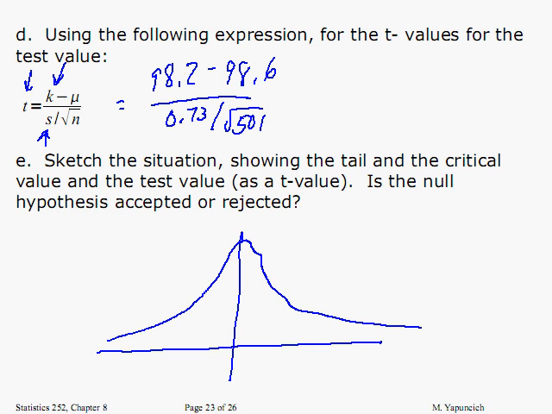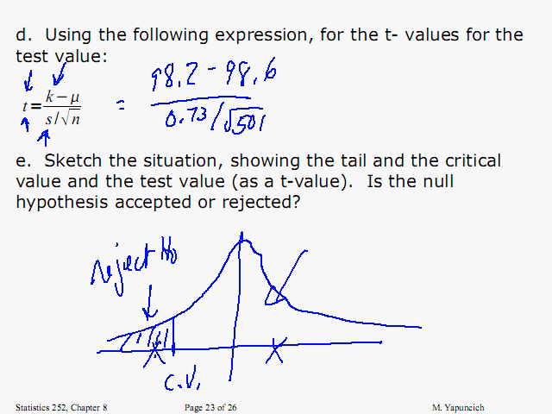And then you mark the critical value here that you found on the table. You shade that region, and then you use an X and mark where the temperature lies after you've turned the x-bar into a t. That's what you're marking here. If it's in this region, you reject the null hypothesis. If it's anywhere in this region, you accept the null hypothesis.